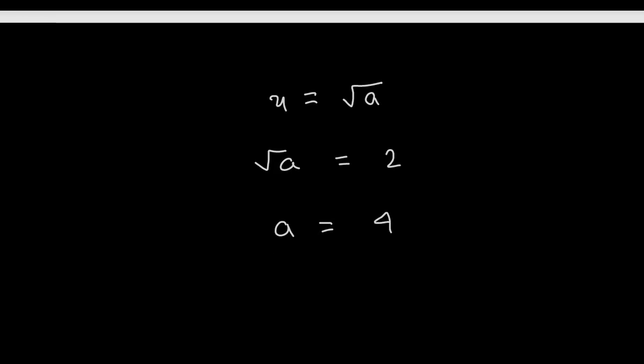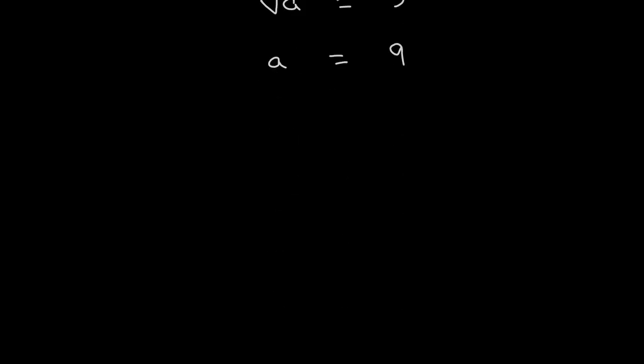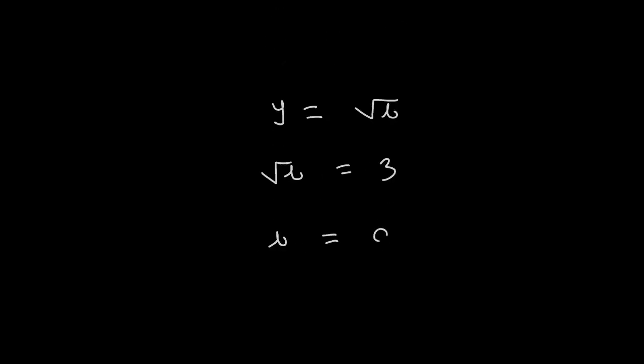Again, when the value of x is 3, we have square root of a equals 3, or a equals 9. Similarly, when the value of y equals 3, we have square root of b equals 3, or the value of b equals 9.